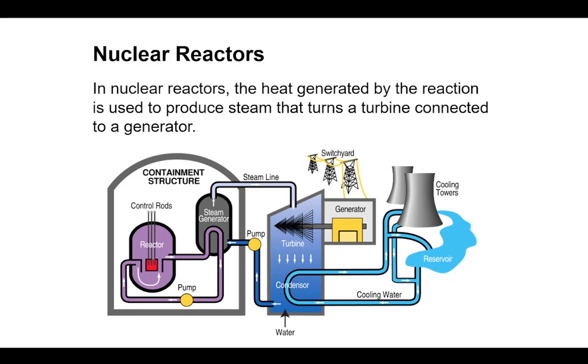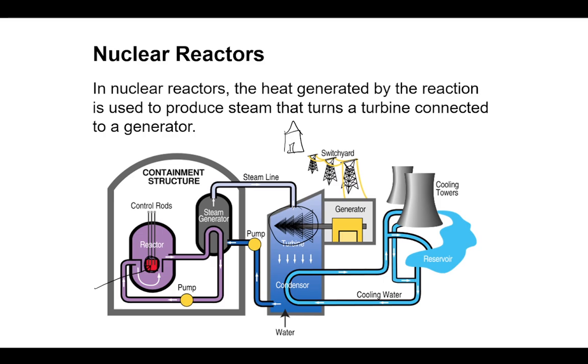We have a critical mass of uranium in the reactor that we can use to sustain this chain reaction and release this energy that heats water, turns it into steam, and that steam turns a turbine which generates electricity and sends it to our homes.